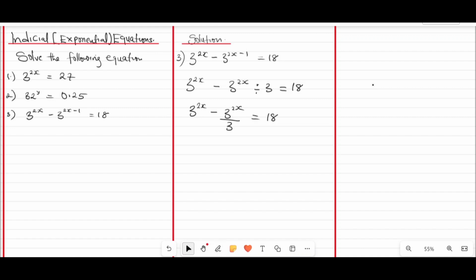Now on the left hand side, we can factor out 3 raised to the power 2x. So I have 3 raised to the power 2x, open bracket, 1 minus 1 divided by 3, close bracket, equal to 18. From what I have in the bracket, I can take the LCM.